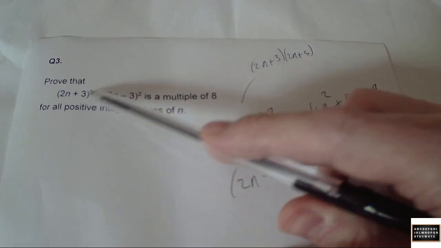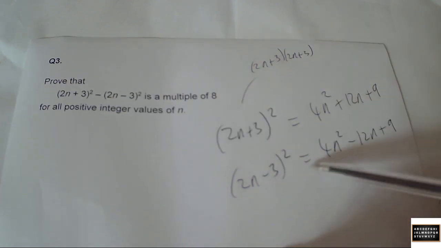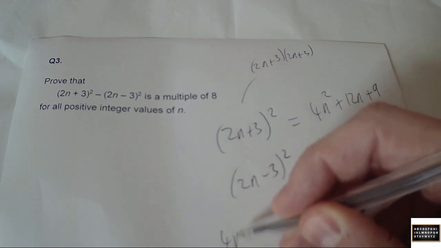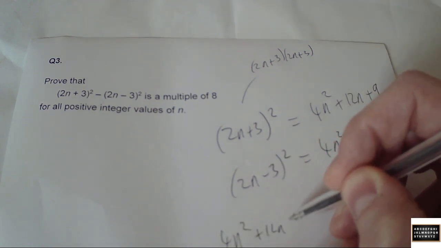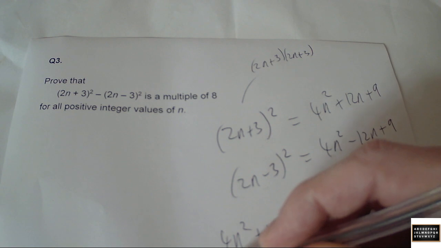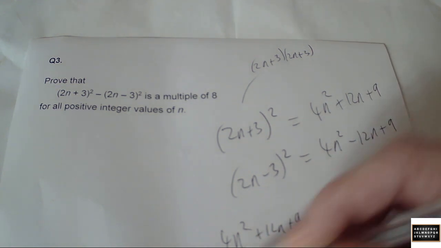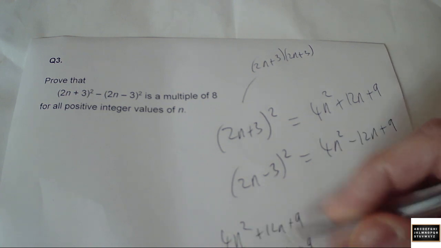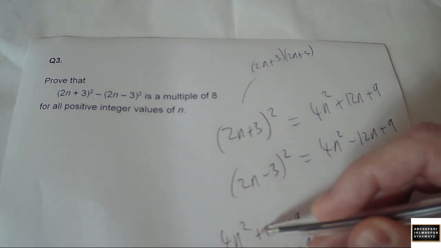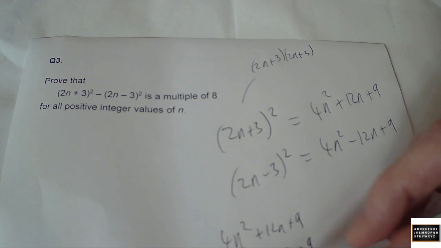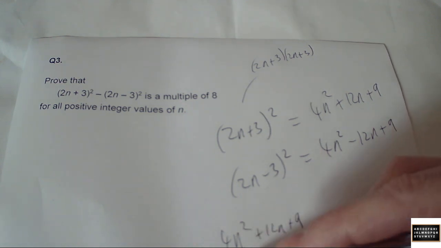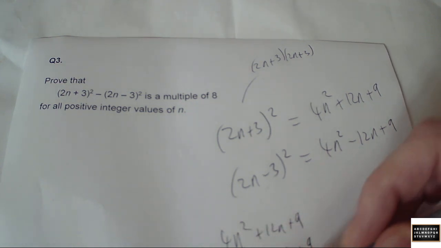Now they're saying that this, take away that, so we're going to have 4n squared plus 12n plus 9, take away 4n squared minus 12n plus 9. 9 minus 9 is 0, 12 minus minus 12, 2 minuses make a plus, 24, and 4n squared minus 4n squared is 0, so we're ending up with 24n.